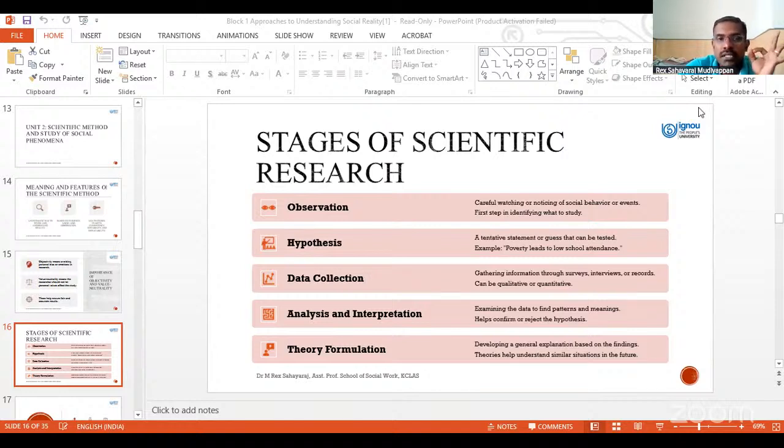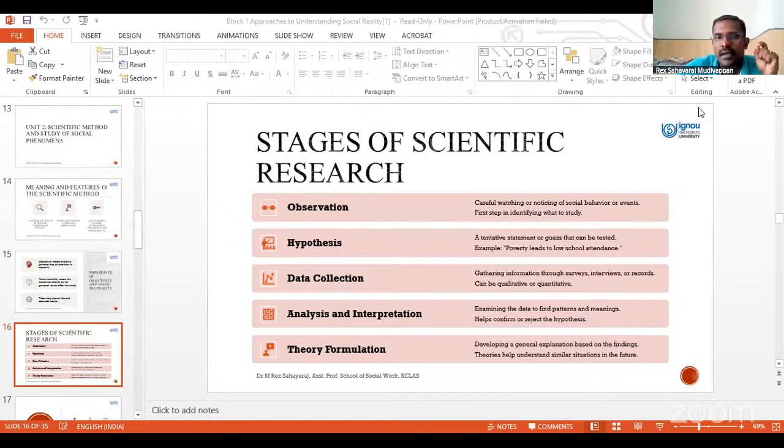These questions are called hypotheses. My doubt, the researcher's doubt, is considered a hypothesis. Very, very important. Without research questions, without hypothesis, a researcher cannot continue the research.